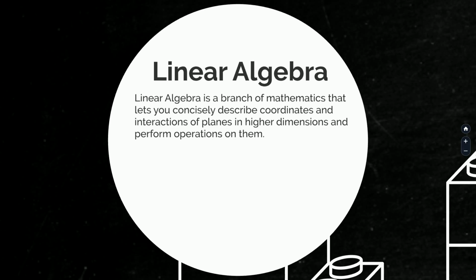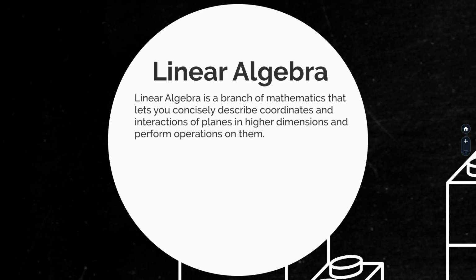This is a branch of mathematics that lets you concisely describe coordinates and interactions of planes in higher dimensions and perform operations on them. As we mentioned in previous videos, as soon as we add additional inputs, we're getting into a higher dimension. If we have 2 inputs, that's 2 dimensions, 3 inputs, 3 dimensions, 4, 5, etc. Some of these algorithms are going to have hundreds, if not thousands, of inputs.